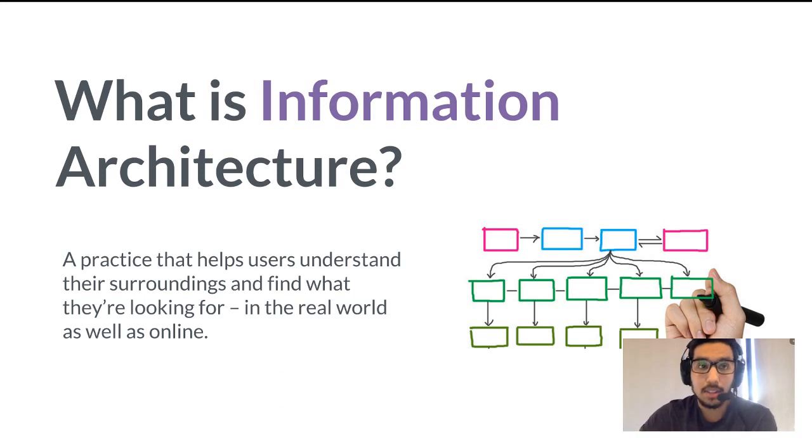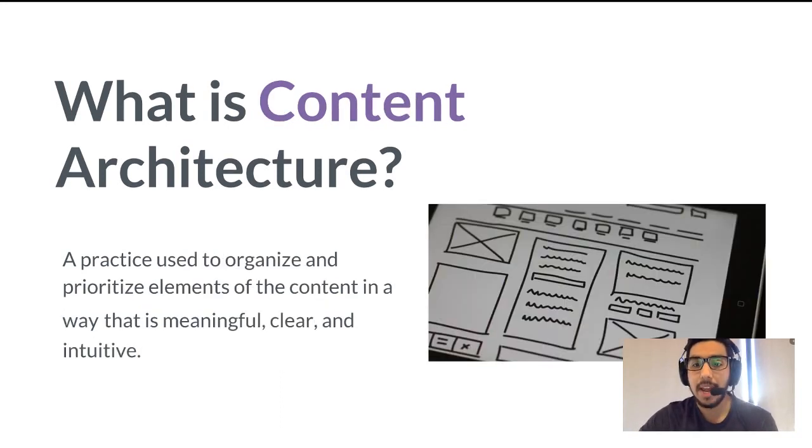And content architecture, on the other hand, is a way to prioritize elements of the content in a way that could be meaningful and intuitive for our users. So we need to combine these two practices or disciplines in order to have a better prioritization and a better structure in our design or in our products.